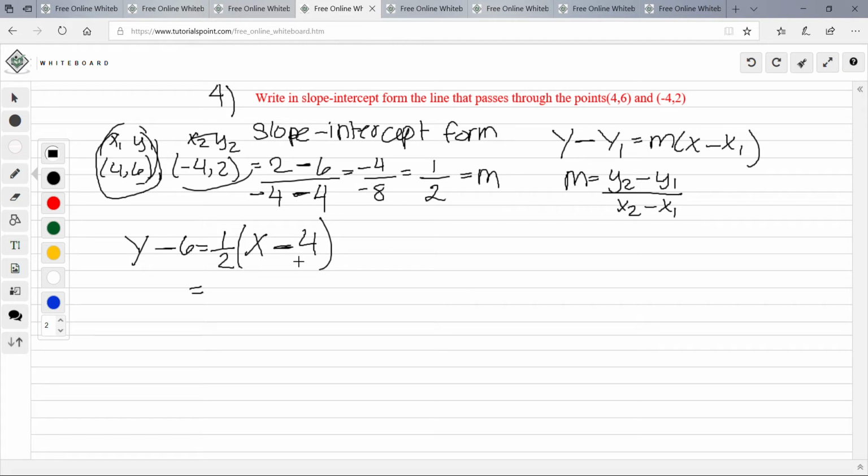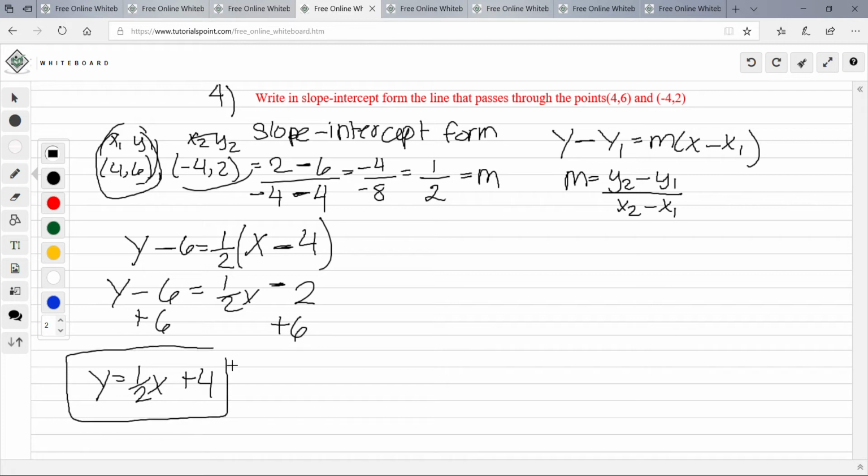If you do the distribution, the right side would be 1/2 x minus 4. 1/2 times -4 is -4/2, so it's just -2. And then bring down the y minus 6. We gotta solve for y, right? You add 6 to both sides. So you get y equals 1/2 x, and then 6 minus 2 is +4. So this should be your final answer.